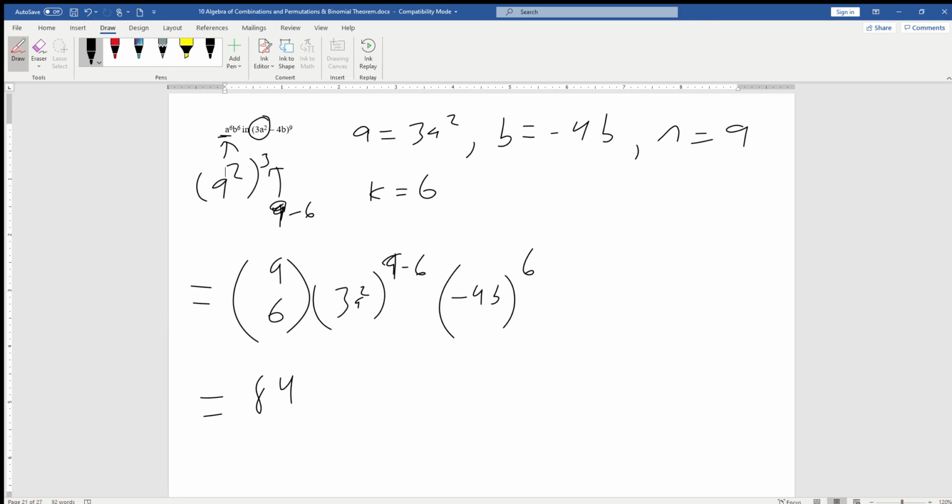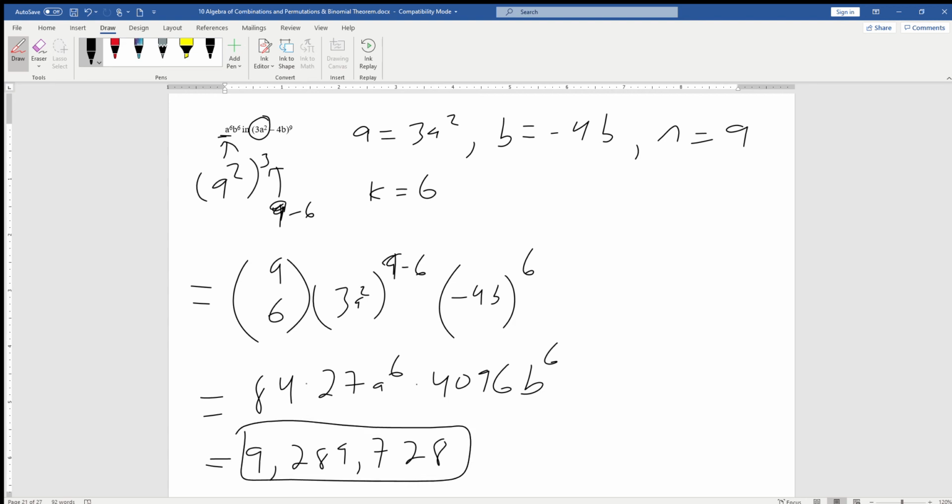And then we have 3a squared to the third power. So that's going to be 27a to the sixth. Although we really don't care about the a to the sixth. And then finally we have negative 4 to the sixth power, which is 4096 positive b to the sixth. So if we multiply that out, we're going to get a fairly large number. I end up with 9,289,728.